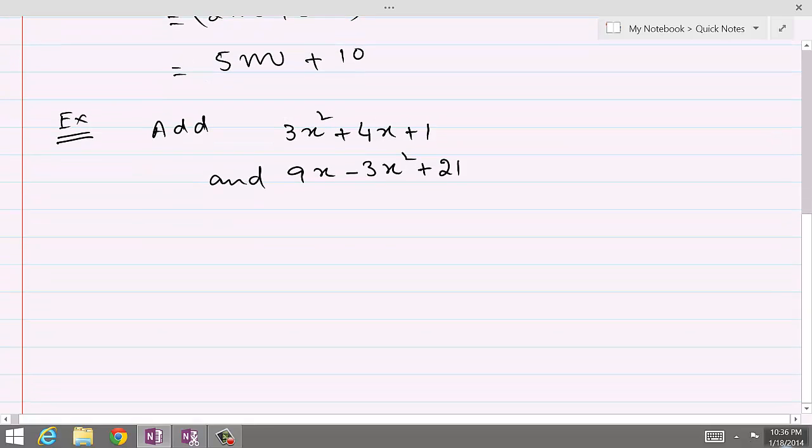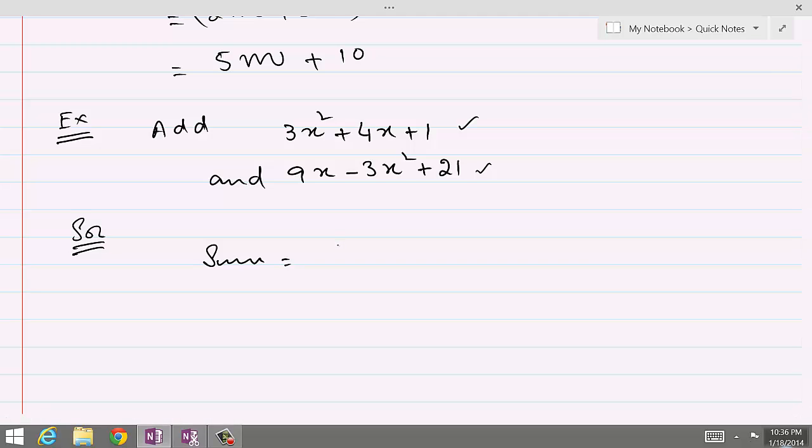If we want to find the sum, we should write it like this, sum. Now the first polynomial is a polynomial of degree 2 with 3 terms, and the second one as well is a polynomial of degree 2 with 3 terms. Therefore we are going to find their sum.